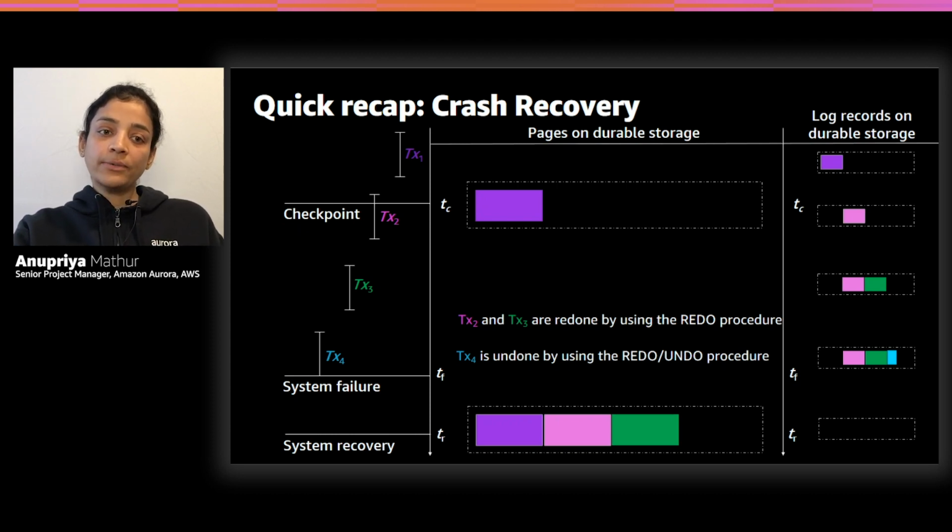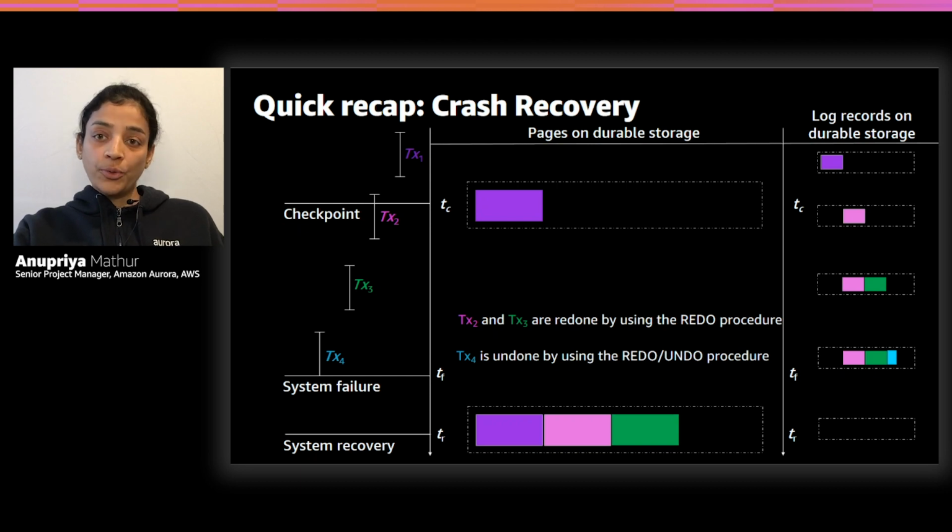In order to recover, transaction 1 was already persisted in durable storage, so it's there. But for transactions 2 and 3, the system would use the log records for transactions 2 and 3 and apply them in order to get to the new state. So it will do a redo operation for transactions 2 and 3.